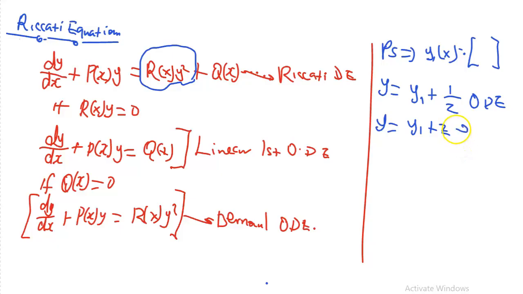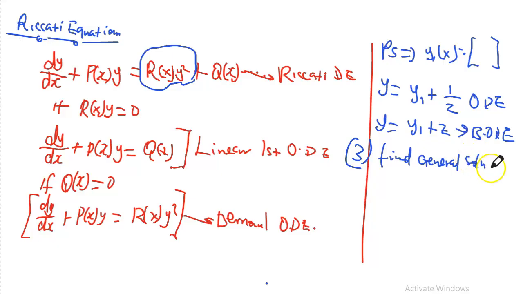This gives you a Bernoulli ODE. Once you do this, the final part is to find the general solution.